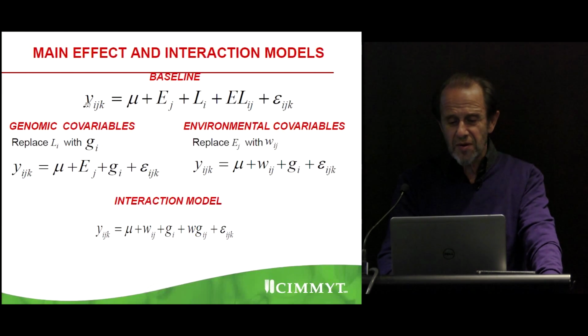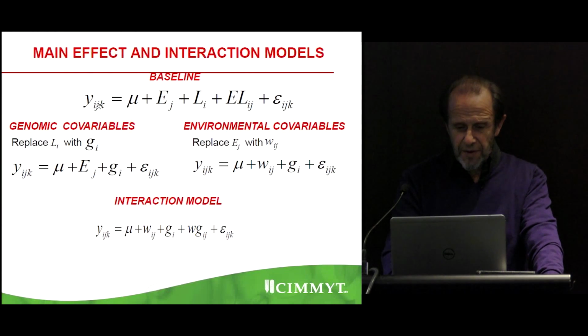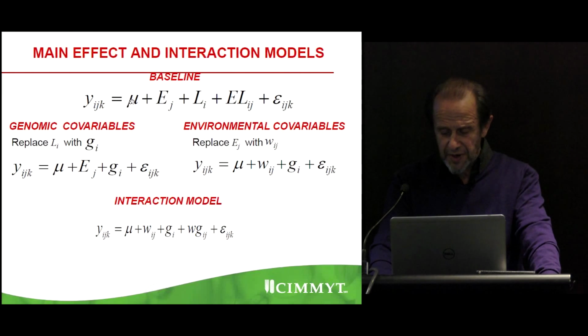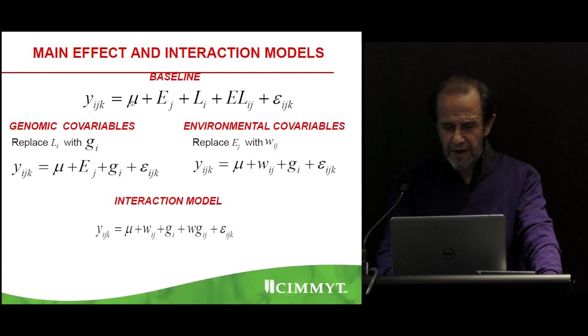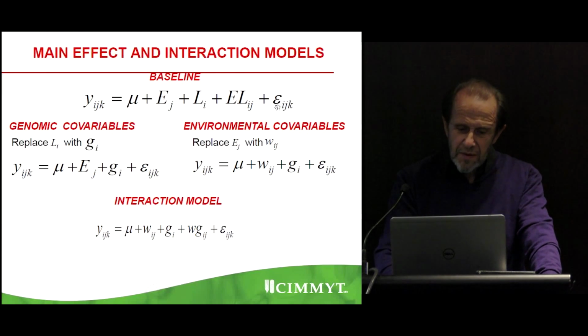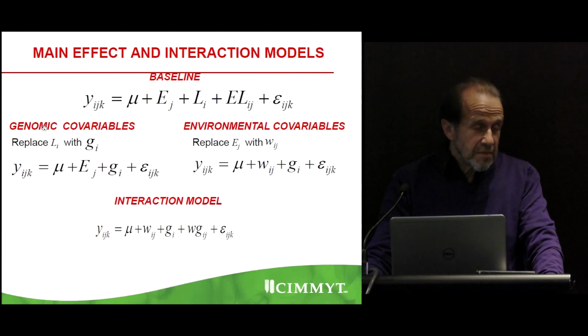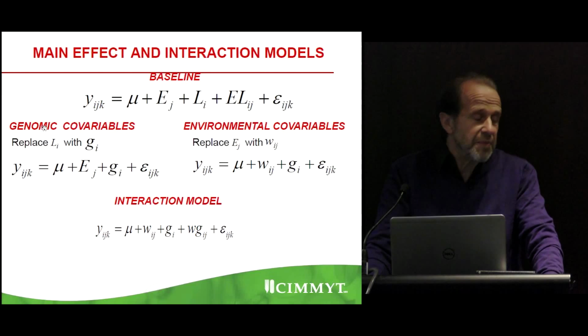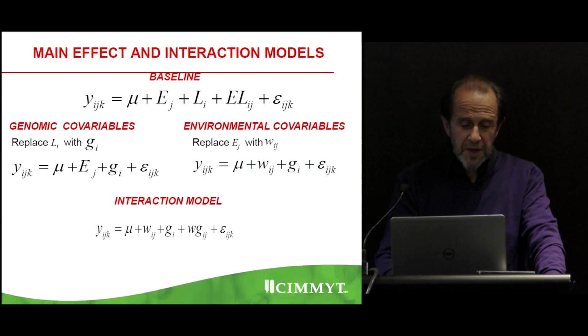This is a standard model that the breeder has. The effect of the i-th genotype in the j-th environment is equal to a general mean, the effect of the environment, the effect of the lines, the interaction line by environment, and a residual. If we have genomic markers, the G matrix, we can incorporate the G matrix into the model in this manner.